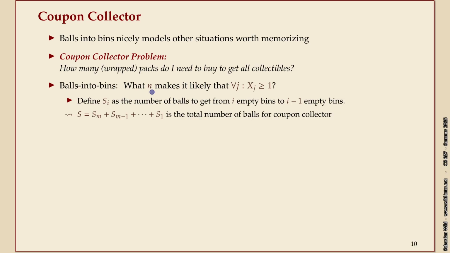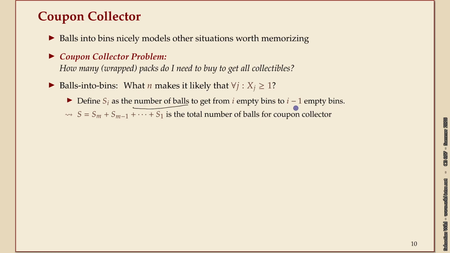We can analyze this by saying S_i is the number of balls that we need to reduce from i empty bins to i minus 1. So I could throw any number of balls into bins that already have a ball, and I'm counting those, but they don't get me closer to having all bins covered.